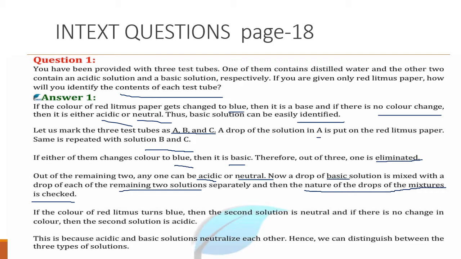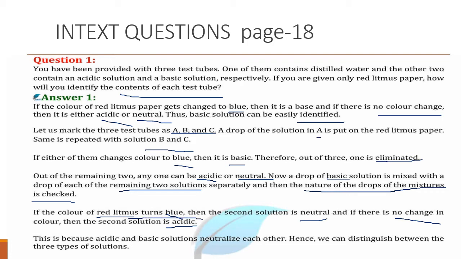So if the color of the red litmus changes to blue, then the second solution is neutral, and if there is no change in color, then the solution is acidic. Clear, children? Because if you add a drop of a base to a neutral solution, it becomes basic in nature and hence changes red litmus paper to blue.